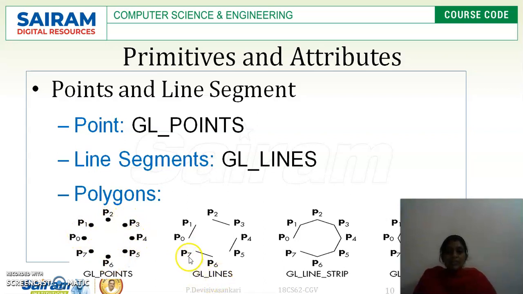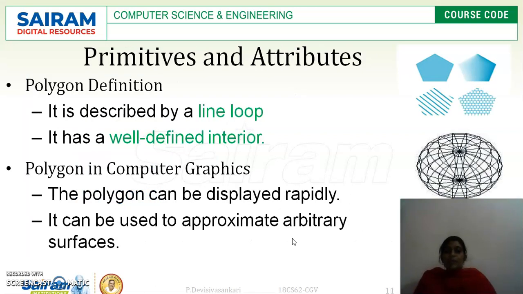And GL_LINES means if you connect one coordinate with another coordinate, we get the line segment. And line strip means if we continuously join all the points together, then we get the line strip. And we can create the line loop also. Line loop means this P7 will combine with P0. And next, polygon. So GL_POLYGON.